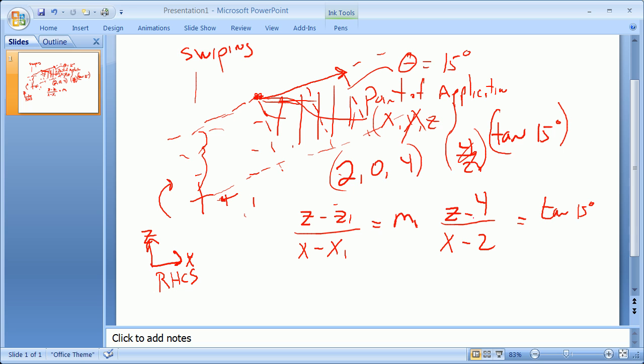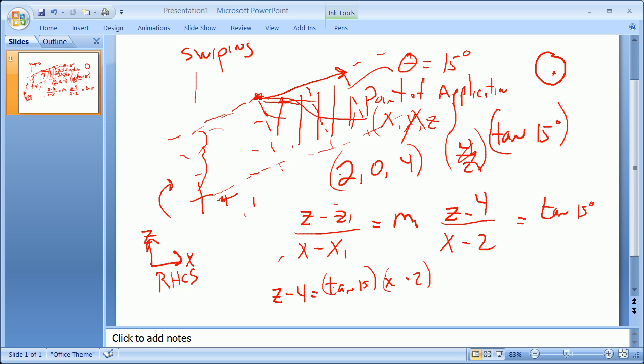Now, doing stuff like this is where, in fact, you eventually memorize not only the 0.2588 and the 0.9659, but also the radical forms all the way down to the tangent of 15 degrees. And it's worthwhile doing. We're not going to do it here, but you can realize you end up with an equation that looks like this: z minus 4 equals the tangent of 15 times x minus 2.